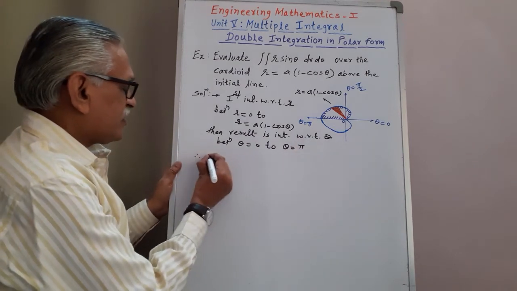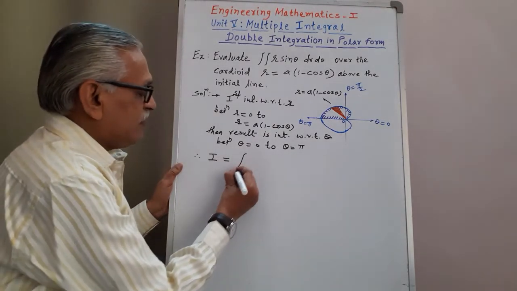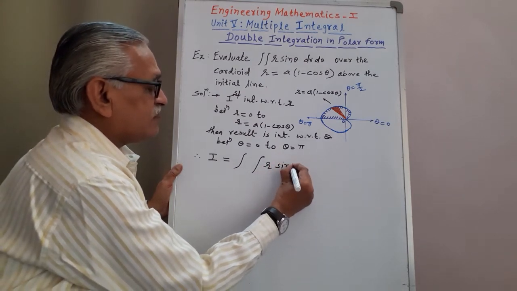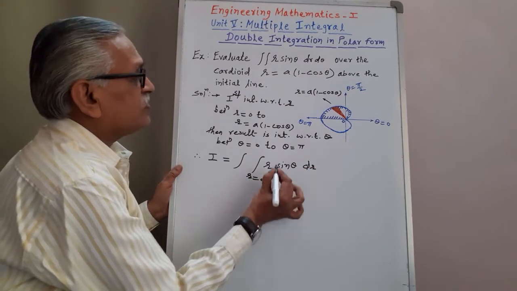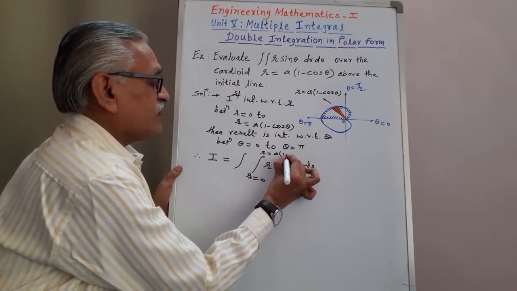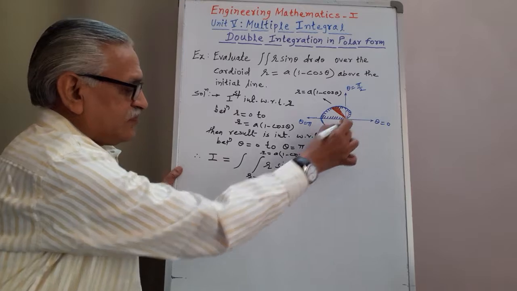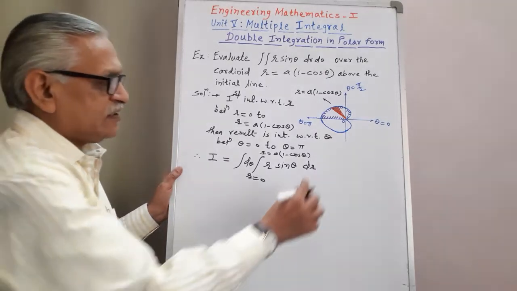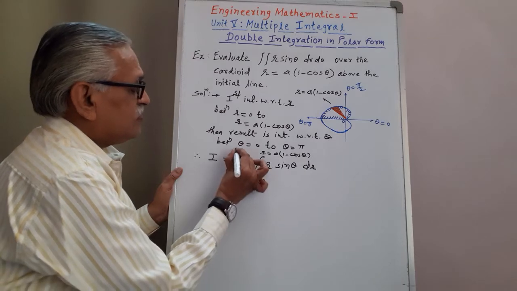And therefore, that double integration value, if we denote it by I, is the double integration of r sine theta, first with respect to r, between limits r equals 0 to r equals a into 1 minus cos theta, and then integrating the result with respect to theta, between theta equals 0 to theta equals pi.